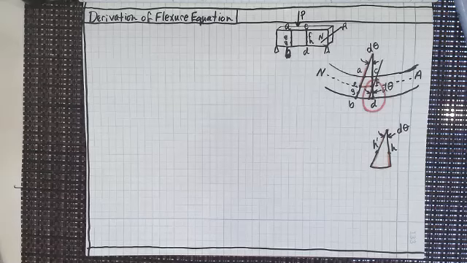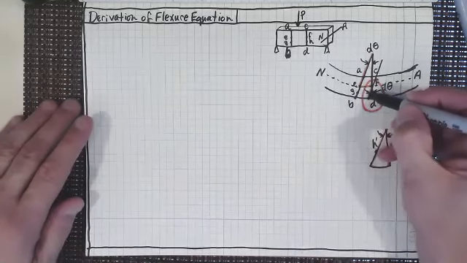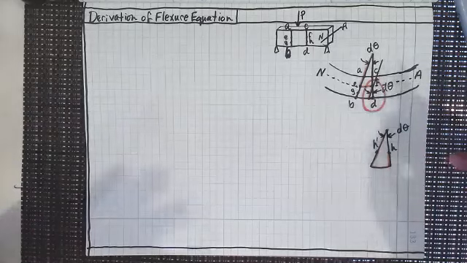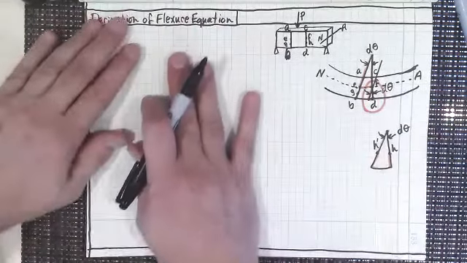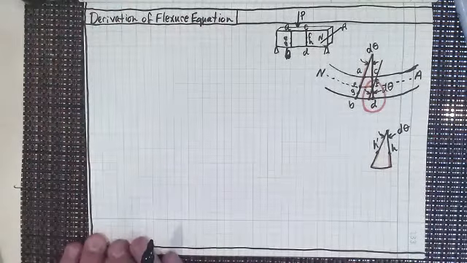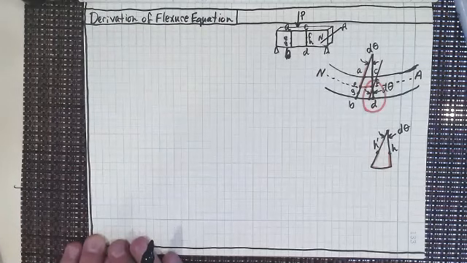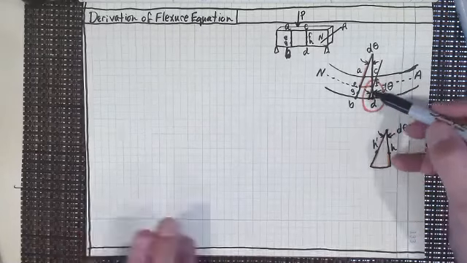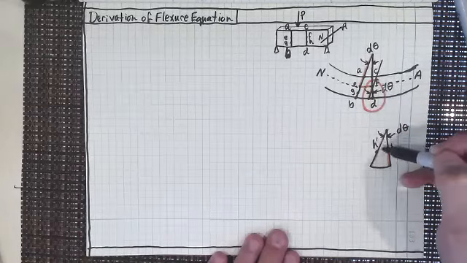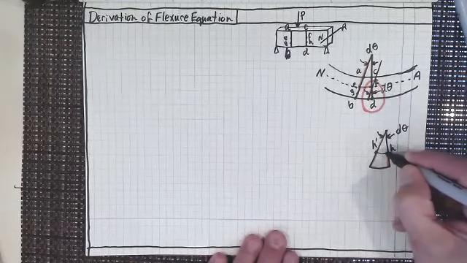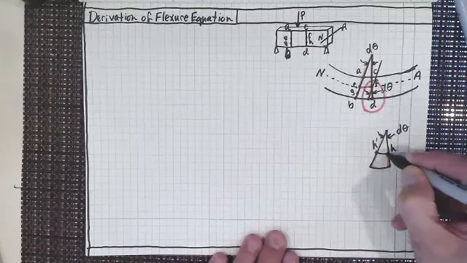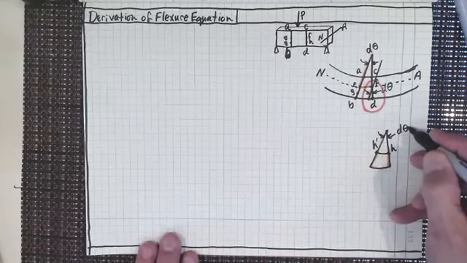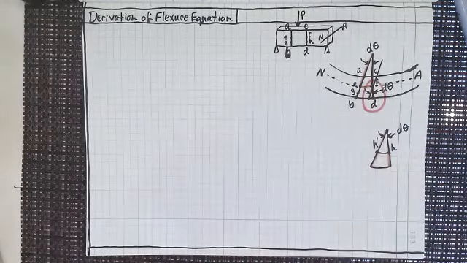So what I want to do is look at what the strain is at any location. G and H is really just any location. Looking at the distance of G and H, and at this triangle I've got right here, which is H to H prime, that distance right there also is subtended by an angle d theta.